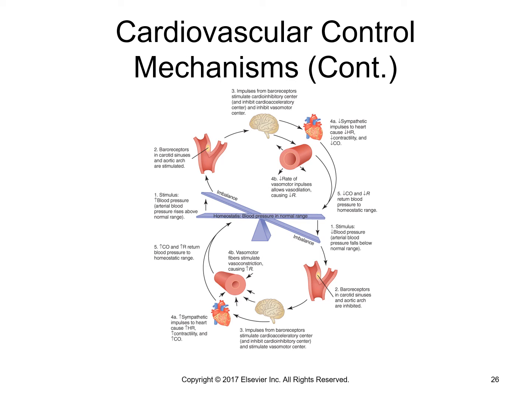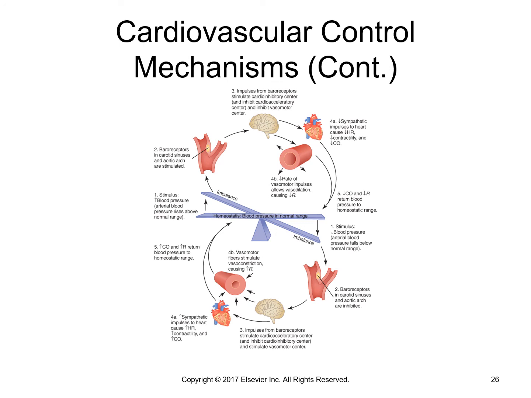Okay, and then the flip side happens if we're looking at the bottom part of the diagram here, where we have some type of stimulus that decreases the blood pressure. Then the baroreceptors in the carotid sinuses and the aortic arch are inhibited, and these impulses from the baroreceptor stimulate the cardioaccelerator.